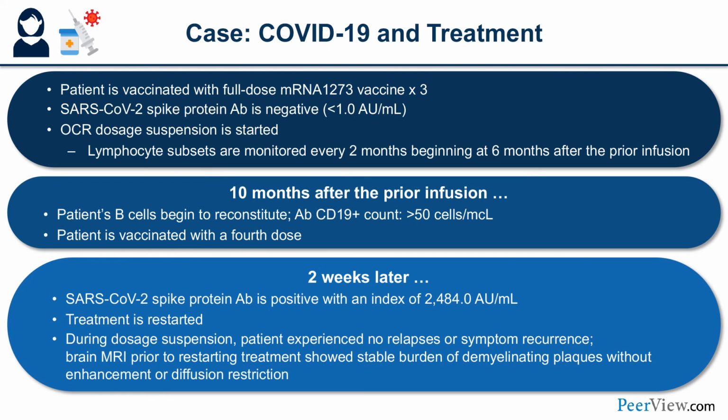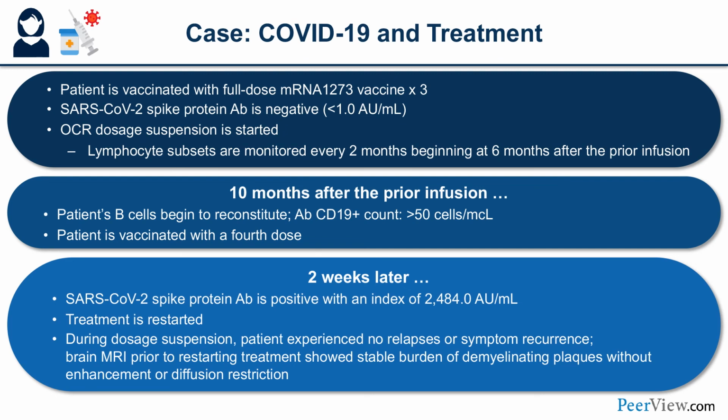We decided to begin an Ocrelizumab dosage suspension and checked lymphocyte subsets every 2 months, beginning 6 months after her last Ocrelizumab infusion. 10 months after the prior infusion, her B cells began to reconstitute, and she had a CD19 count greater than 50 cells per microliter.